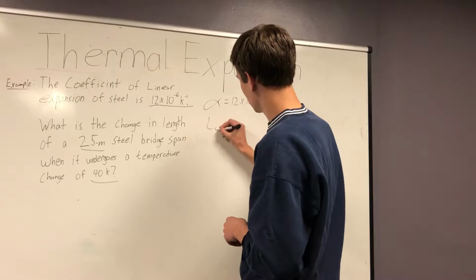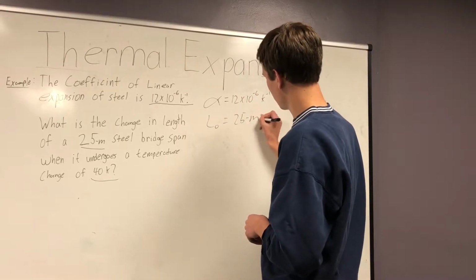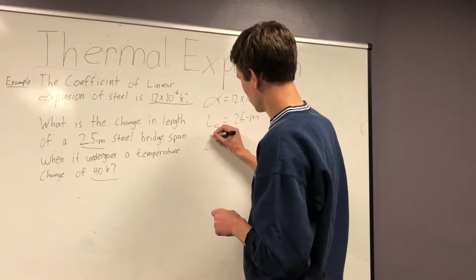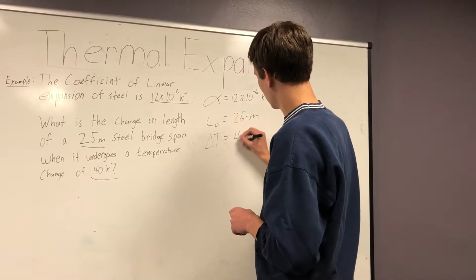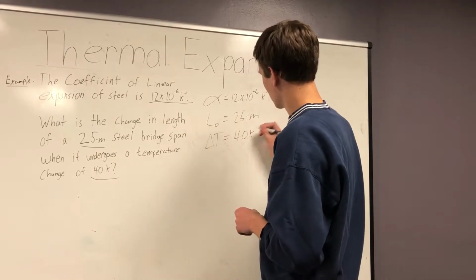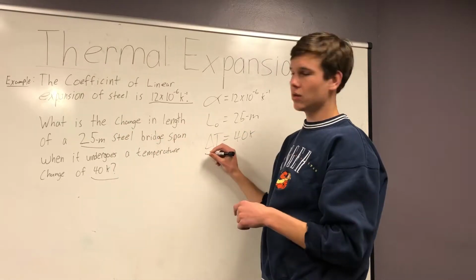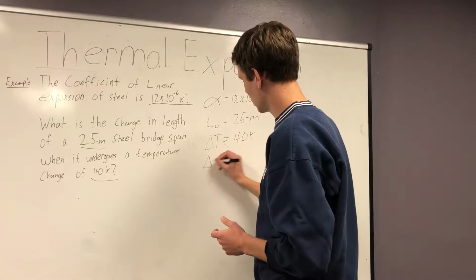So the initial length is equal to 25 meters. And then the final given is that the change in temperature is going to be 40 Kelvin. All right, and then it says we're looking for what is the change in length of the 25-meter steel bridge. So we're looking for the change in length.